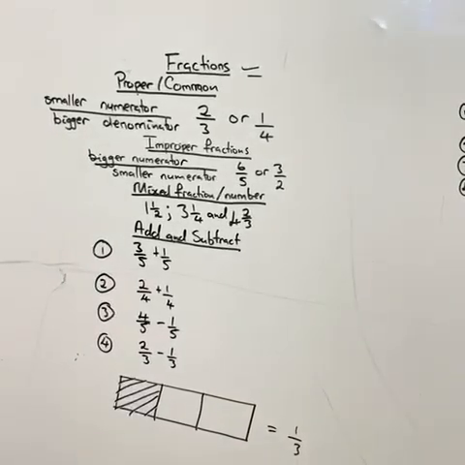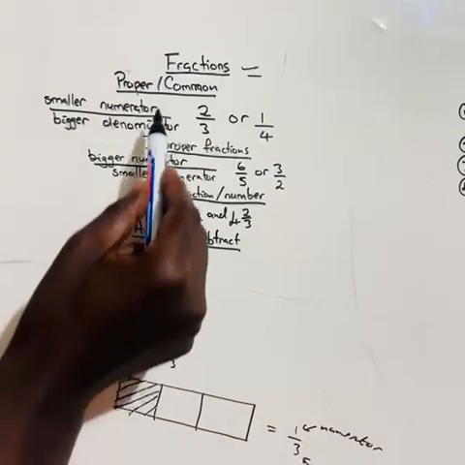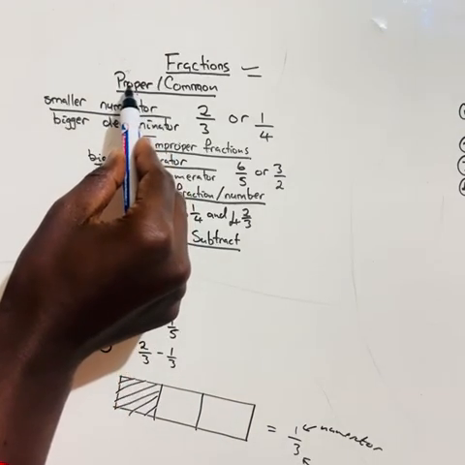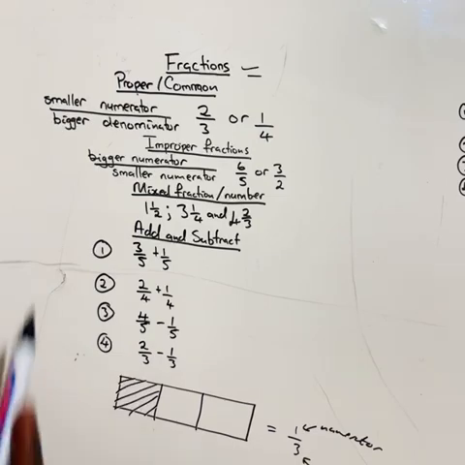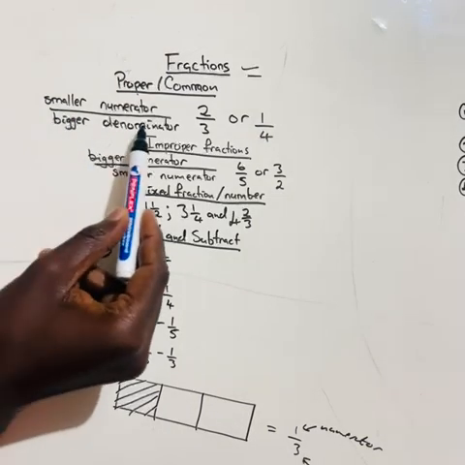So we've got different types of fractions. We've got what are called proper fractions. Now, here where I wrote 1/3, this one is what we call a numerator, and this 3 is what we call a denominator. So when we say we've got a proper fraction or common fraction, what we're simply talking about is that the numerator is smaller than the denominator.